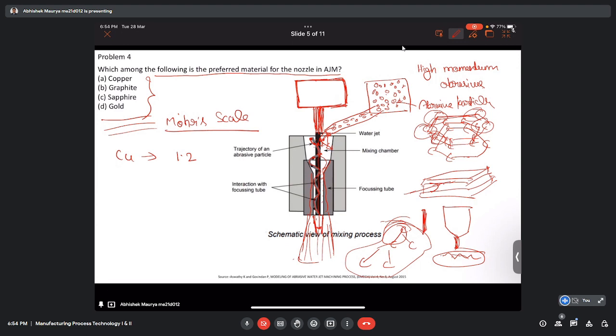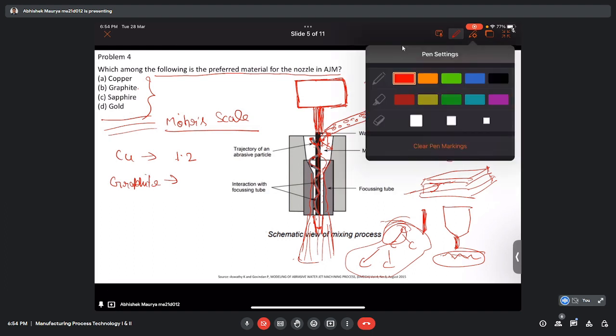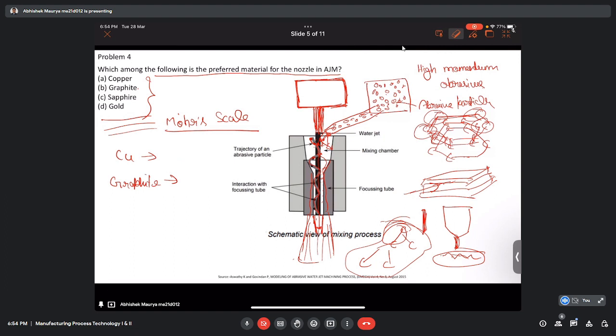So copper has a hardness of... sorry, copper has a hardness of 3 on the Mohs scale, whereas graphite has 1.2.